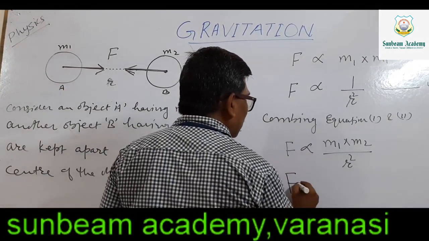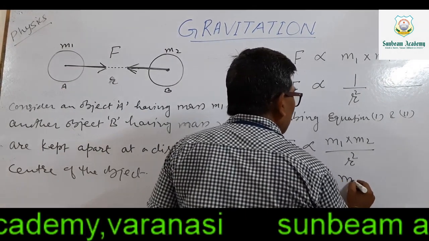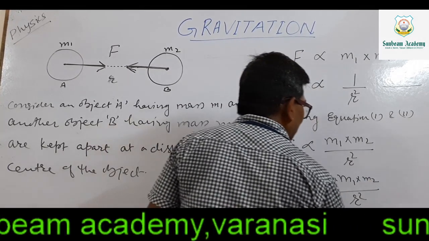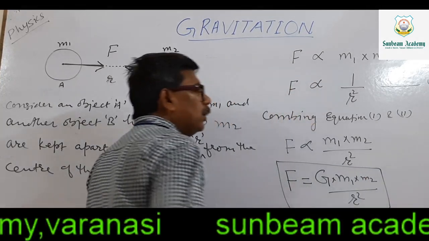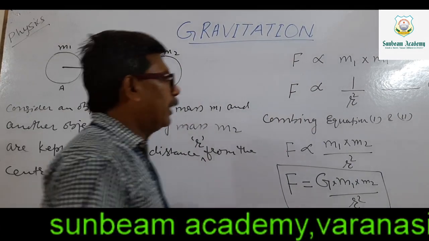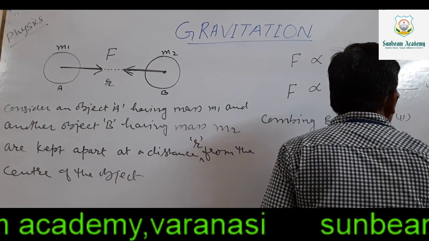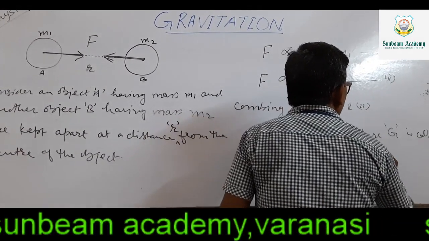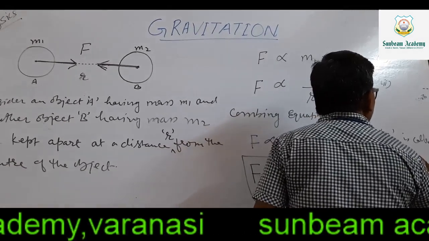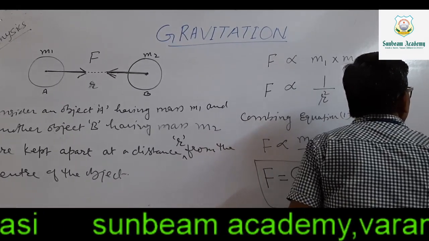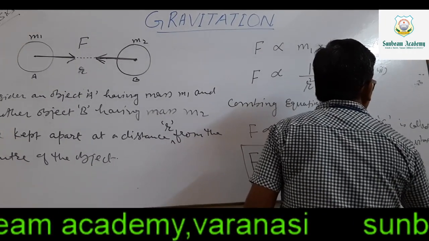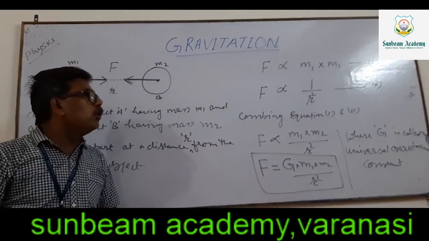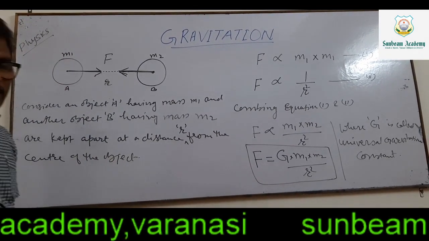So here we will use a constant term: F is equal to capital G into m1 into m2 upon r square, where G is called universal gravitational constant, and this is the equation of Newton's universal law of gravitation.